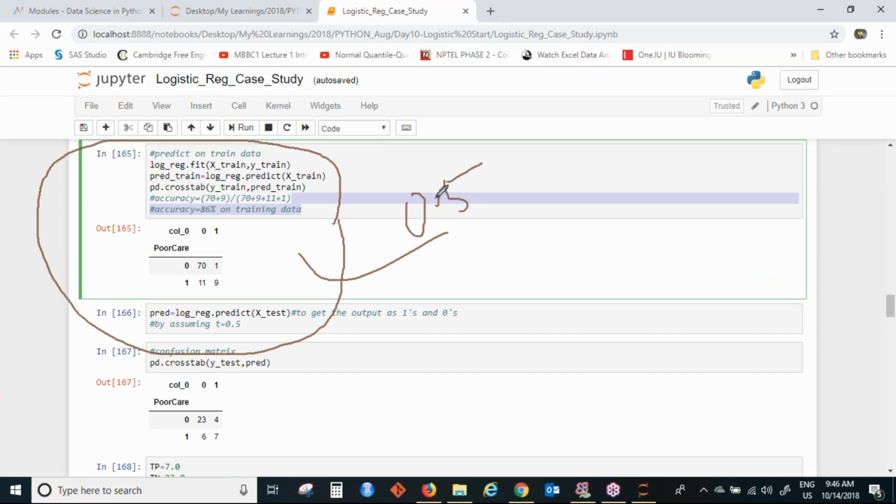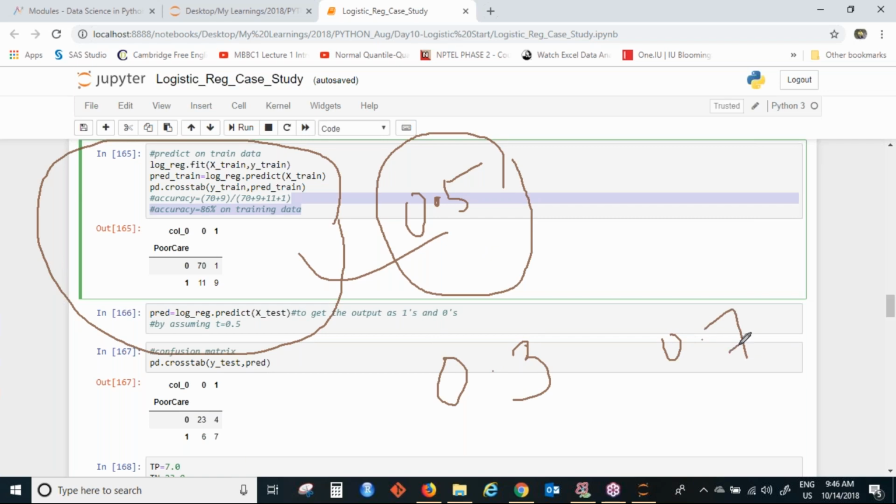But sometimes we will see that using a default threshold of 0.5 is not the best approach. That is where we will use predict underscore proba, and we will apply some other threshold, maybe 0.3 or maybe 0.7. We will change the value of the threshold from the default 0.5 to something else. That is where we will need the probability. Are you following, guys?